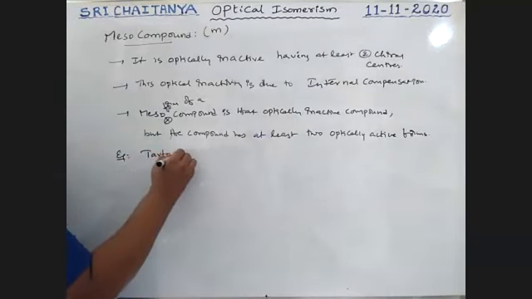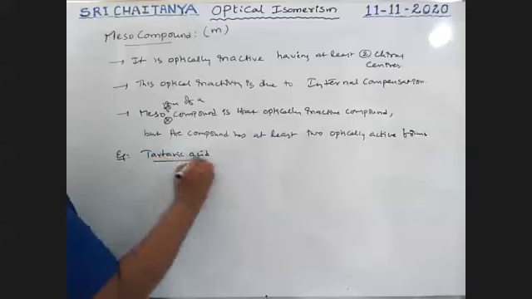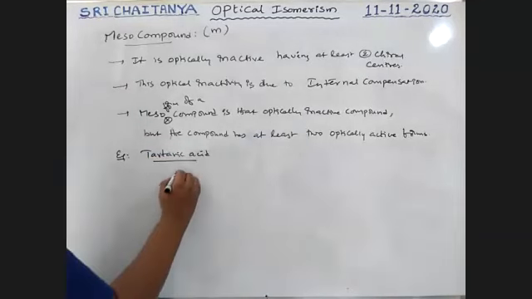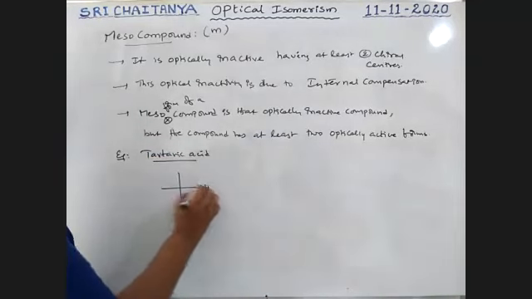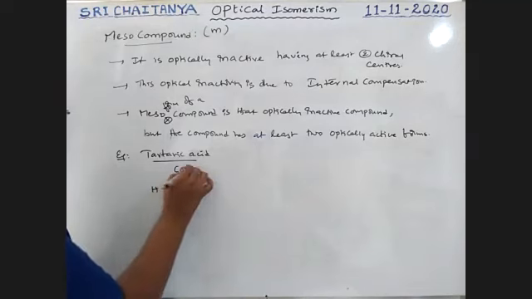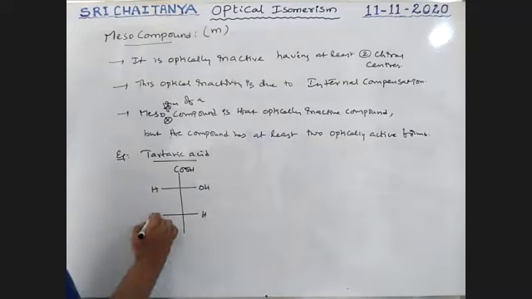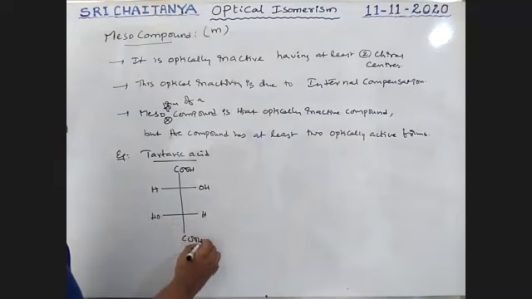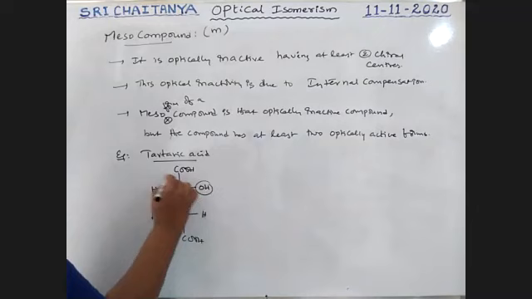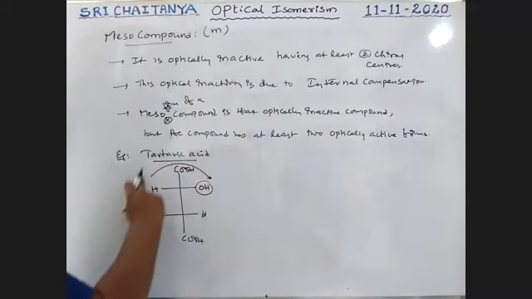Tartaric acid. Its structure is like this, boys: OH, H, COOH; H, OH; so COOH. See here, this is OH on the right side. So from this, the optical rotation is like this.